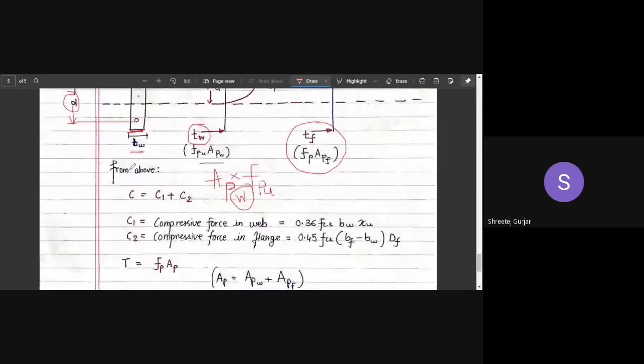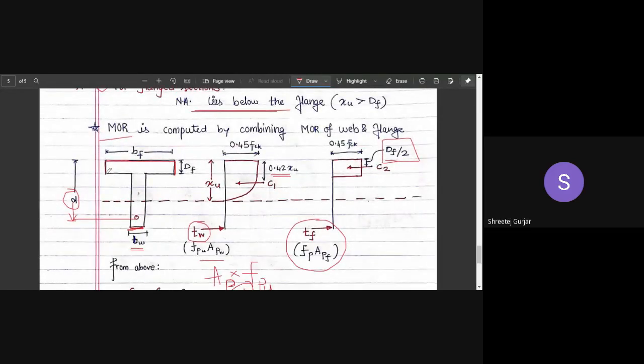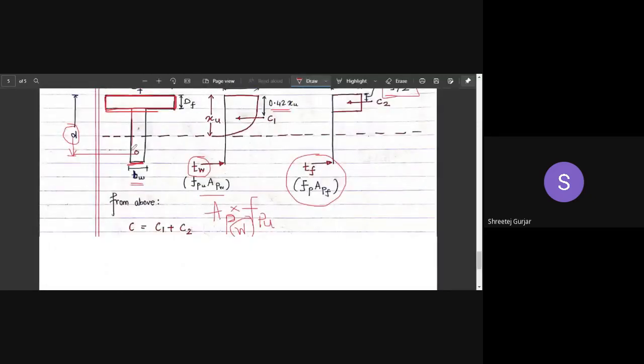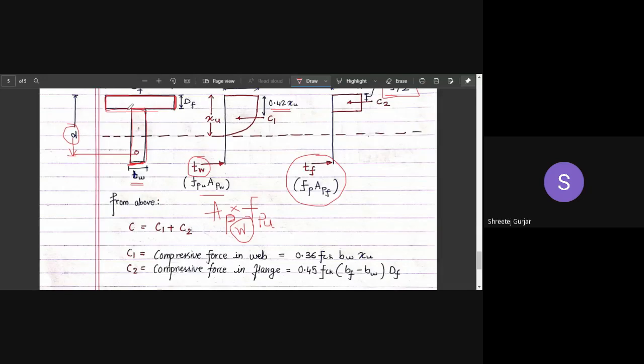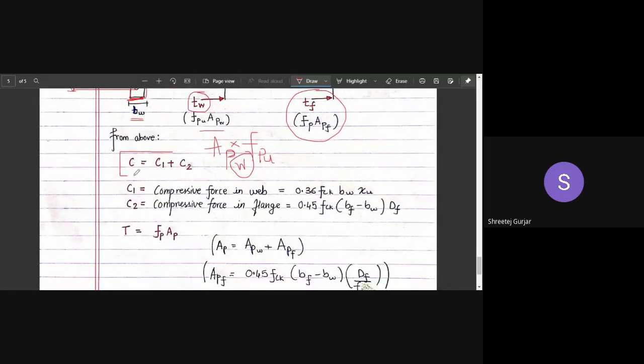As I've told you, moment of resistance is the moment of resistance offered by the flange plus the moment of resistance offered by the web. Moment of resistance separately you have to calculate, and then you have to add. Similarly, total C is equal to C1 plus C2.